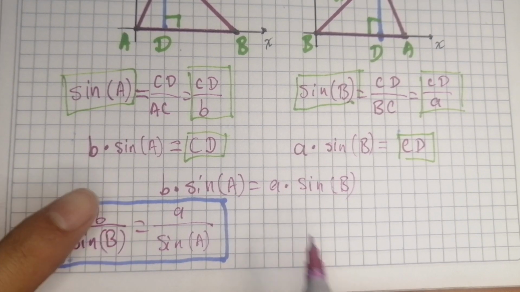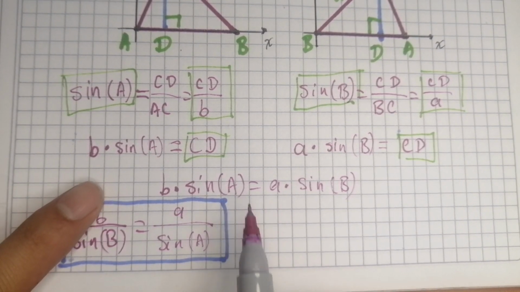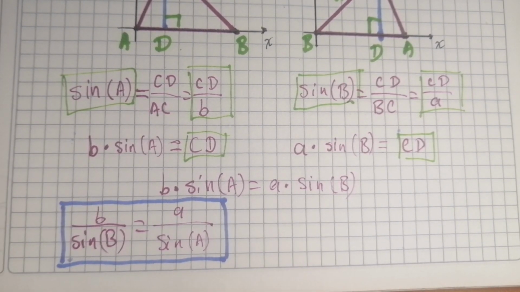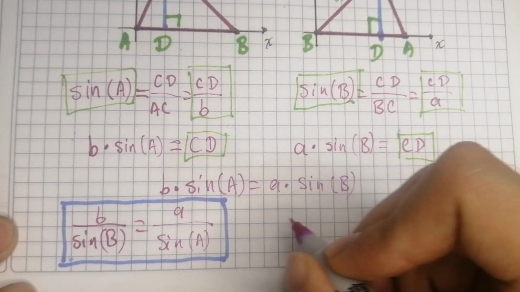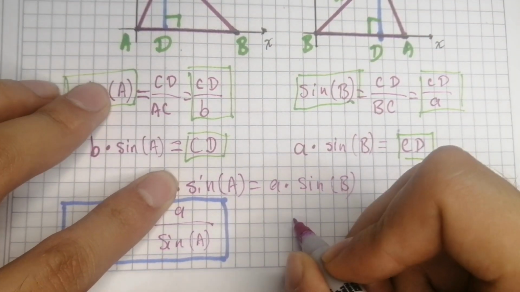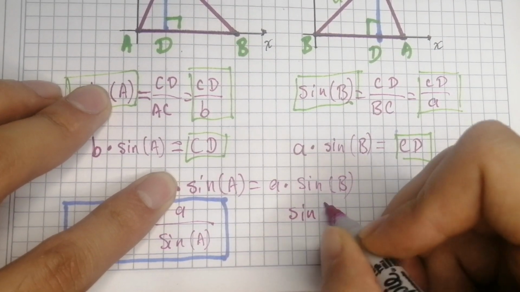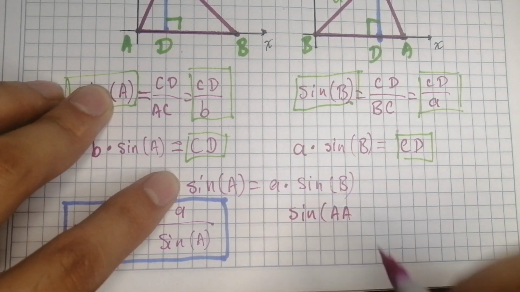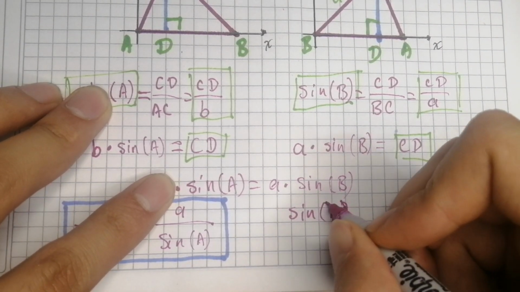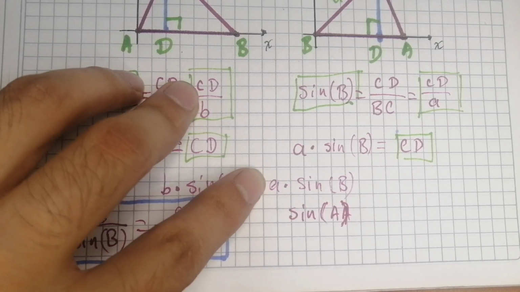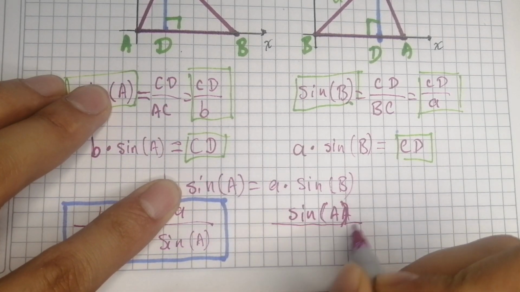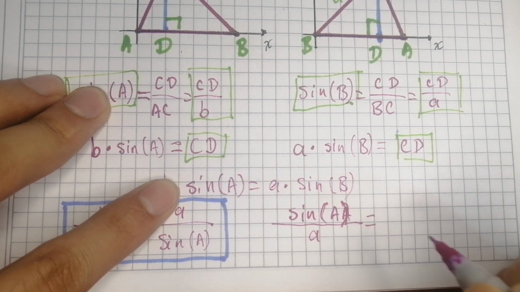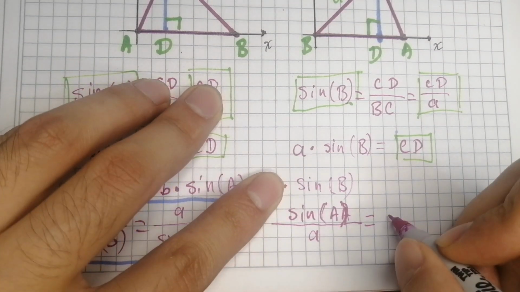But also we can use this original expression that I have here to prove that the inverse expression is also right. Because what I can do is keep my sine of capital A in this position, and take this lowercase a to divide to the other side, divided by a. And this is going to be equal to what? To this sine of B that is staying over there.